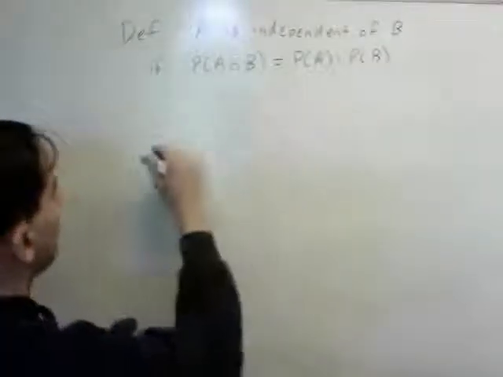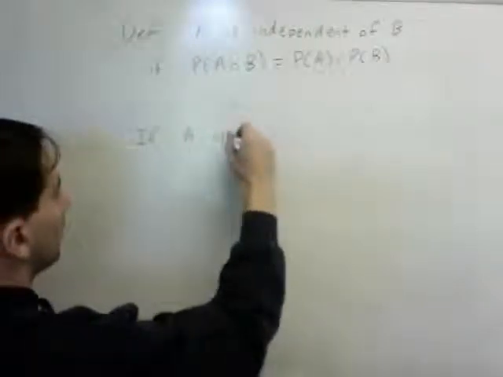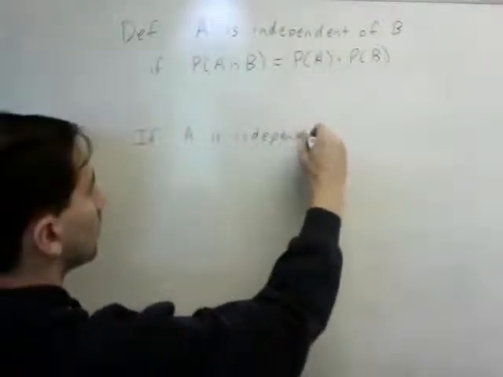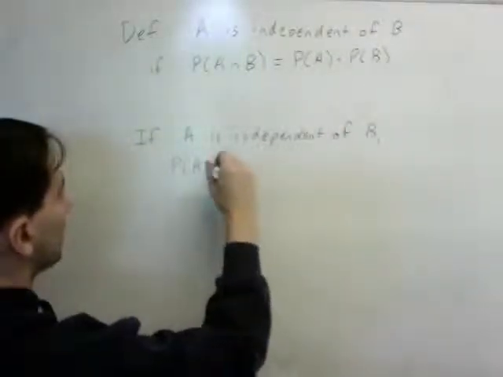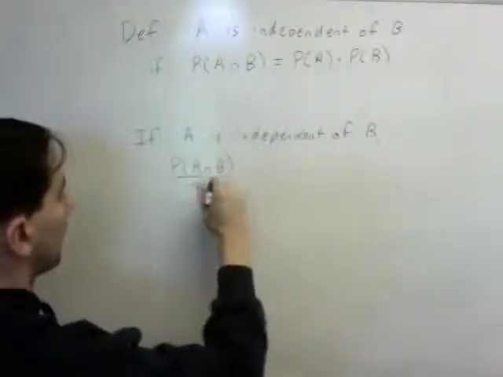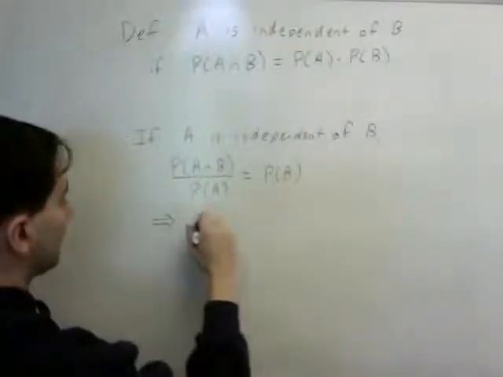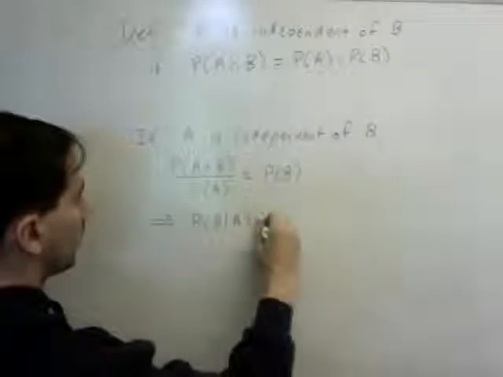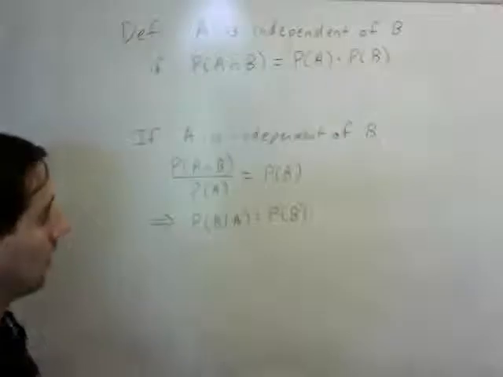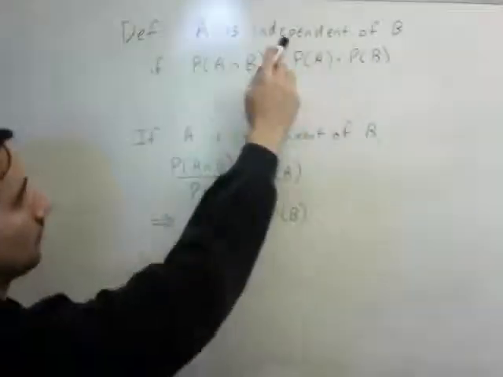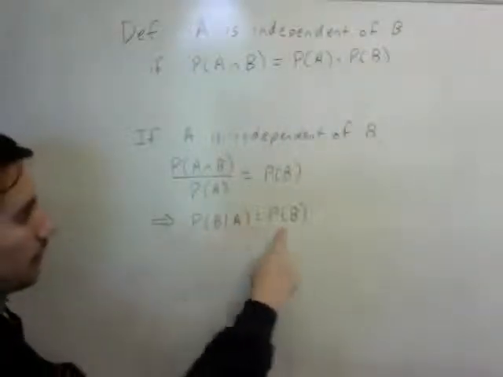So in fact, let's divide by the probability of A on both sides. So if A is independent of B, the probability of A intersect B divided by the probability of A equals the probability of B. And this just tells us then that the probability of B given A equals the probability of B. So notice that if A is independent of B, then telling us whether or not A happens also doesn't tell us anything about whether or not B occurs.